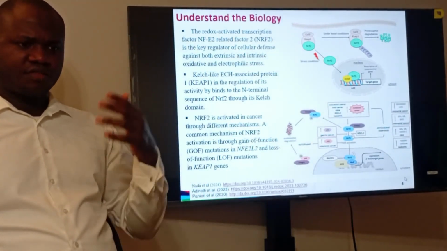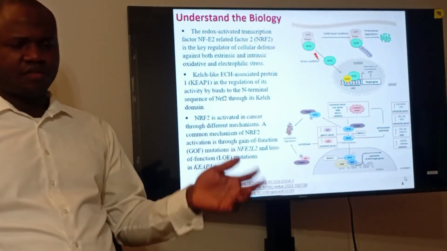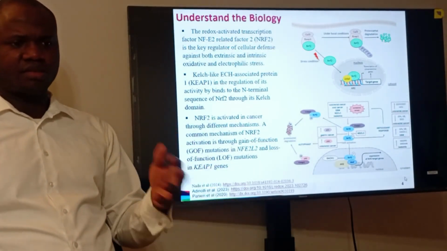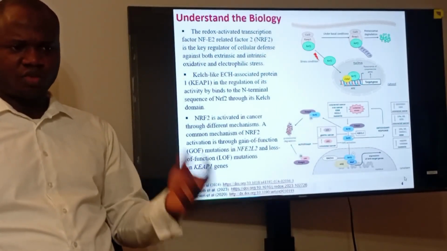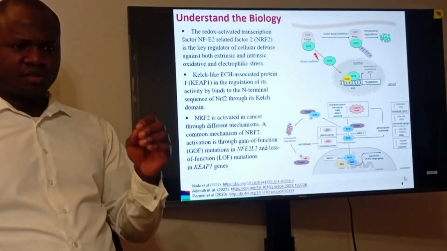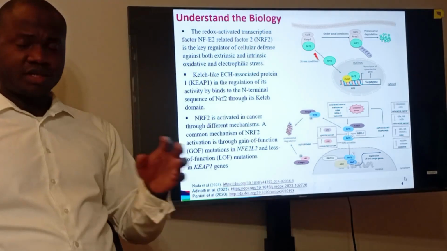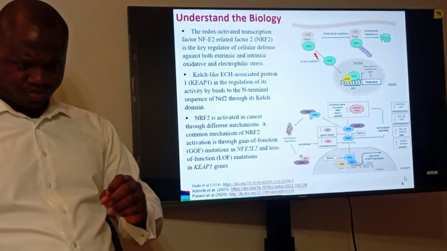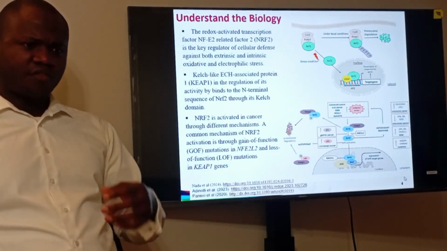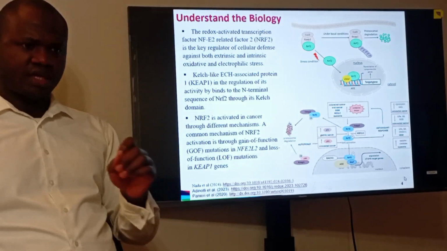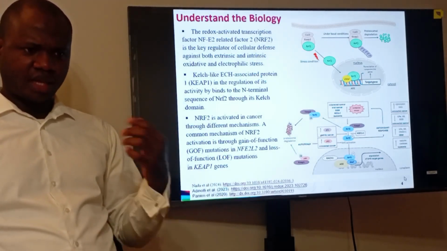But NRF2 in cancer is activated through different mechanisms. We have about 3 mechanisms by which NRF2 could be activated, not just through KEAP1, but the most common one is through KEAP1. A common mechanism of NRF2 activation is through the gain of function, GOF, mutation of NFE2L2, a protein that also regulates NRF2.